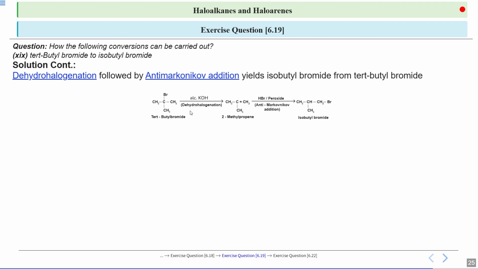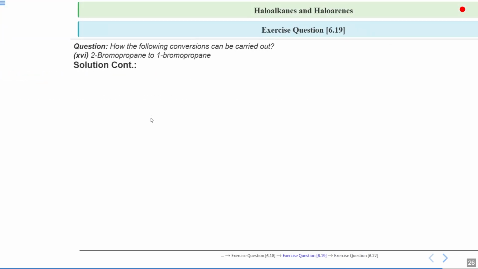So halogen along with beta hydrogen will be removed, and you will get an alkene, 2-methylpropene. Then you react it with hydrogen bromide in the presence of peroxide, and it will follow the anti-Markovnikov rule. So bromine will attack this carbon containing more hydrogen, and you will get isobutyl bromide as your major product. This is the conversion of tertiary butyl bromide to isobutyl bromide.